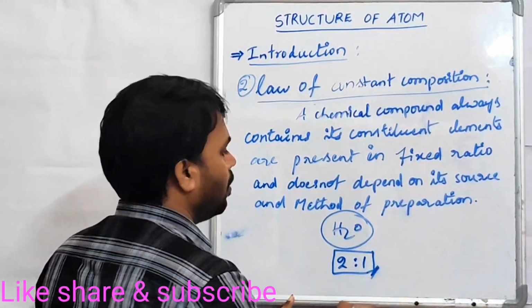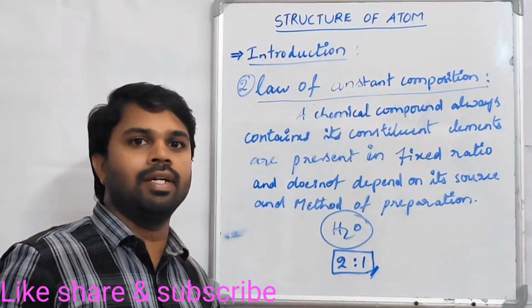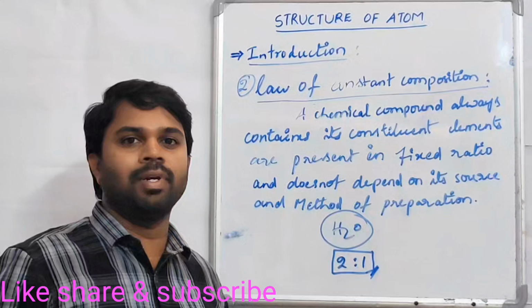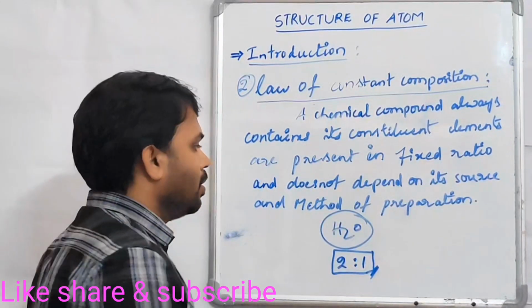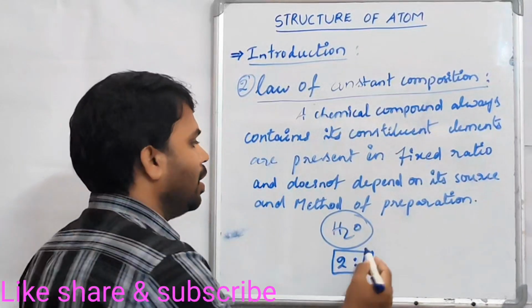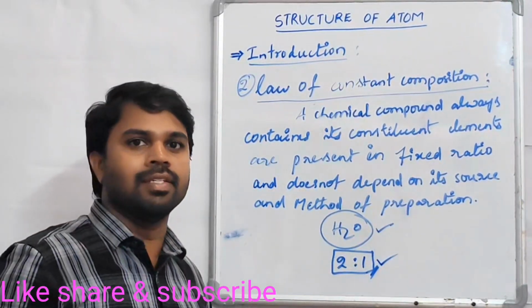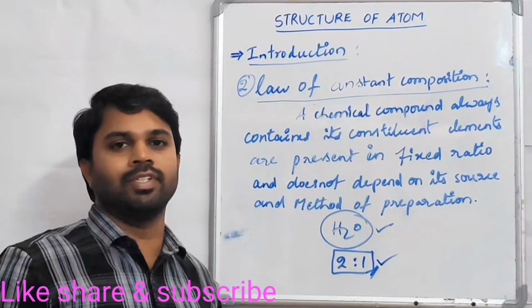This ratio is also fixed. This formula and ratio do not depend on its source and do not depend on the method of preparation. You can use any method to prepare water. We directly indicate it with H2O. This ratio is fixed. This is the law of constant composition.